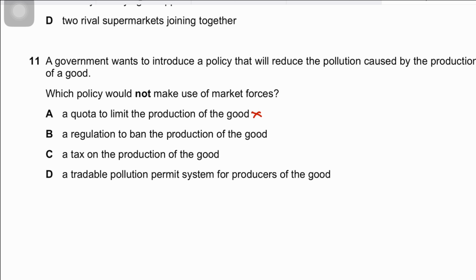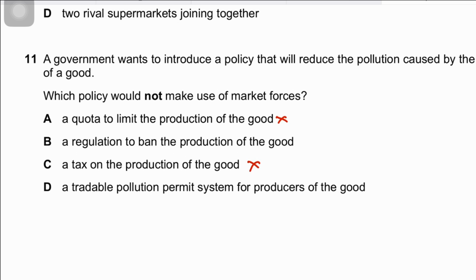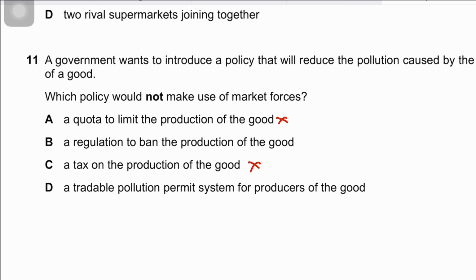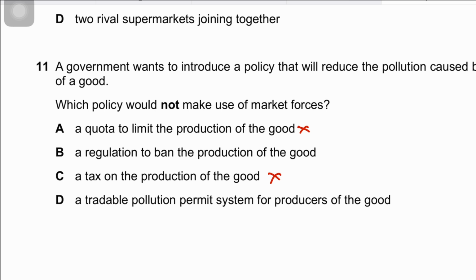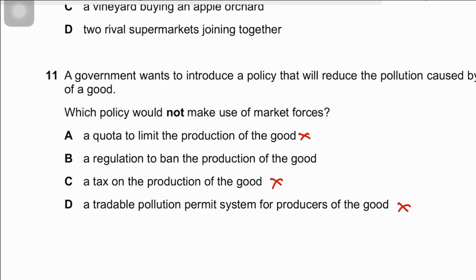So again, this is not the correct answer as well. And a tradable pollution permit allows the firms to buy and sell pollution permits, and again it creates a market for pollution rights, and it does use market forces to find the most cost-effective ways to reduce pollution. Hence, this will not be the correct answer.